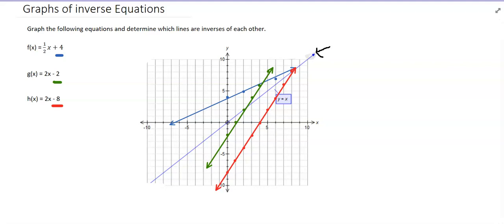And then, to confirm this, I can take one of the points from the red one right here. So this point right in here is the point (4,0).